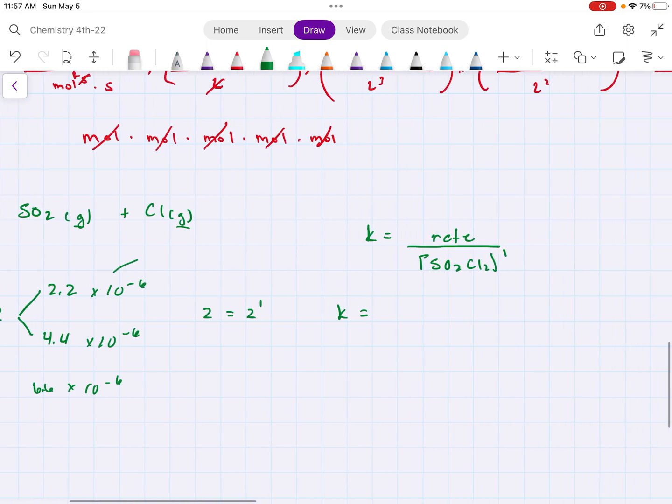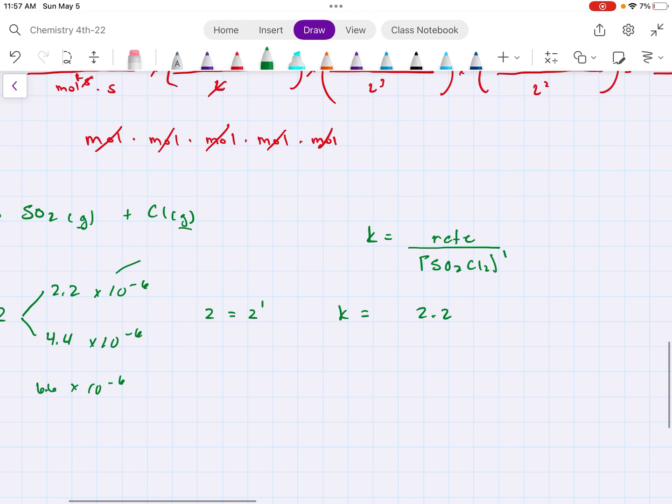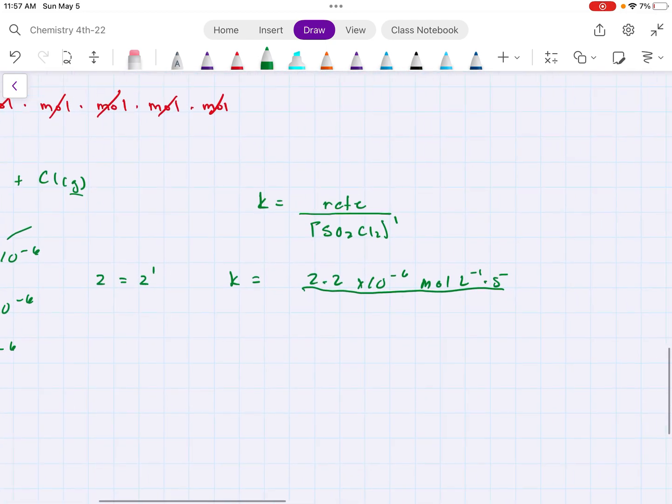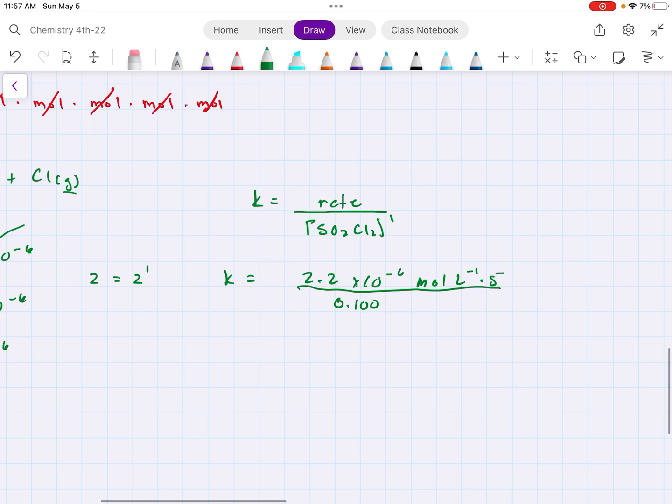Why not? We'll do 2.2 times 10 to the negative 6. This is going to be moles, liters minus 1, seconds minus 1, over the initial concentration, which was 0.1. That's going to be to the 1, and this unit is going to be moles, liters minus 1.